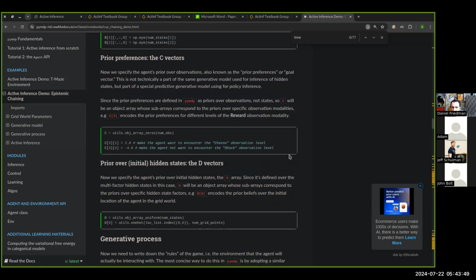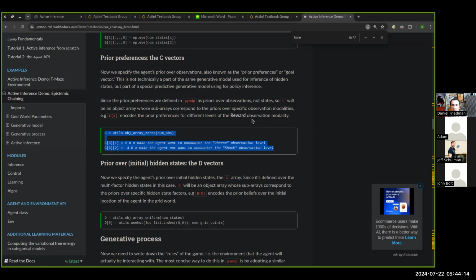Preferences are specified. We can talk about preferences, but they play the role in contributing to pragmatic value calculations. If you don't have any preference, or you have a flat preference, like outcomes are equally desirable, then epistemic value, or learning or novelty, comes to dominate the behavior.